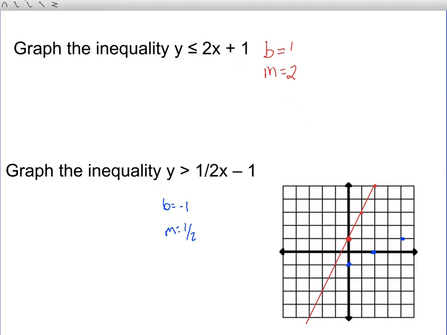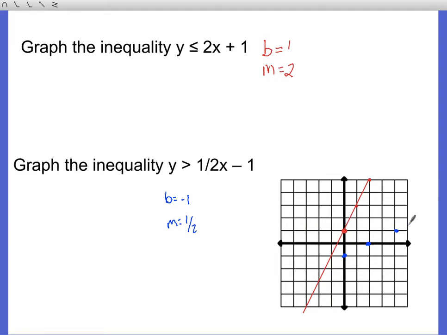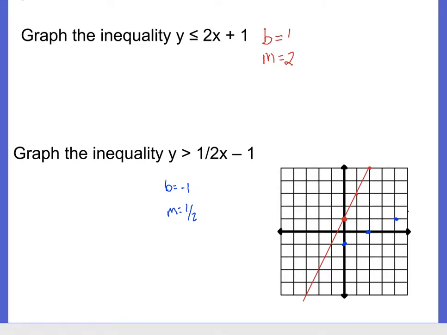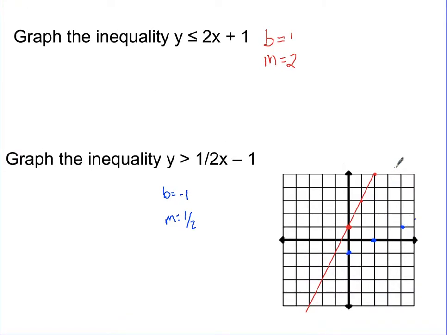Then make the line, and this one gets a dotted line. I almost made a solid line. Hopefully I can avoid making too many mistakes today. I had an old version of this lesson, but when I watched it, I had so many mistakes like that that I wanted to re-record it. So a dotted line, if I can get it halfway in the right place.